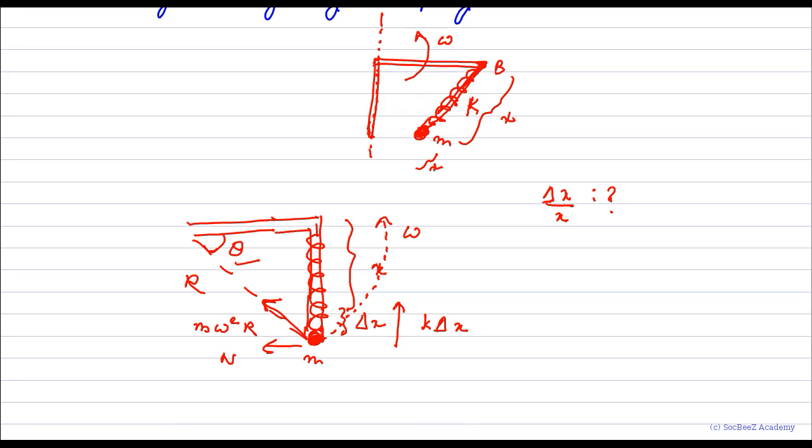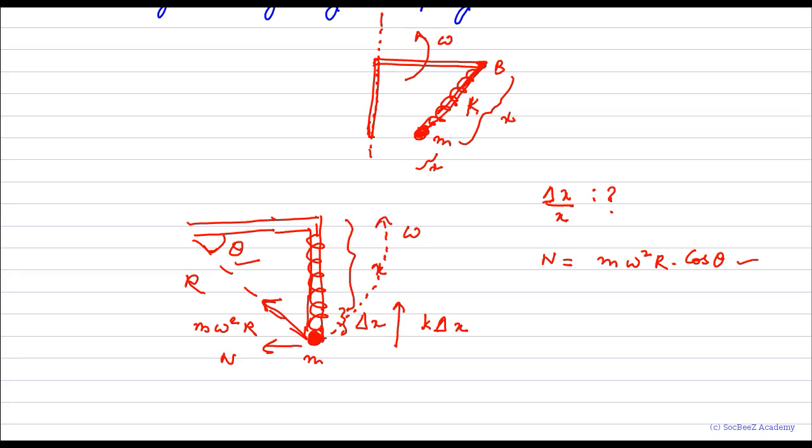Fine. So if I write down the equilibrium equations for this body, I'll write down N must be equal to m omega square r into cos of theta.